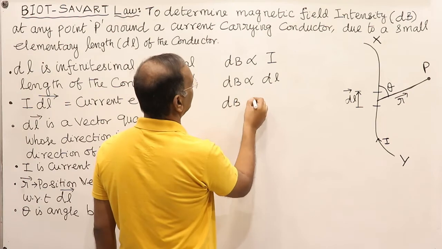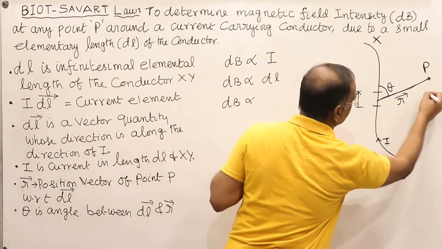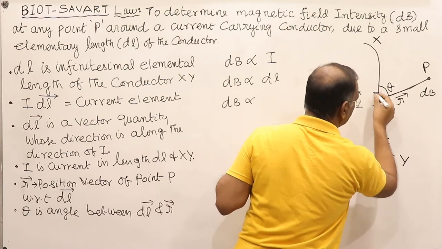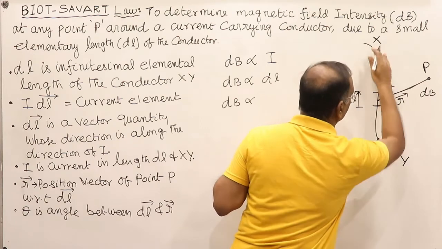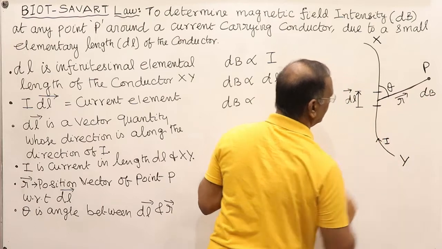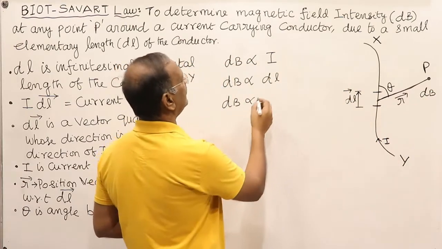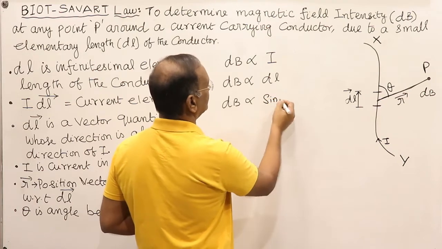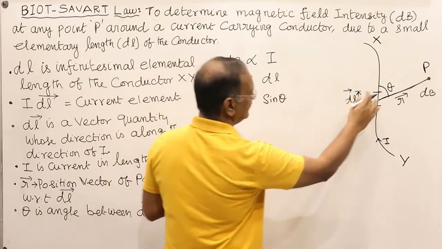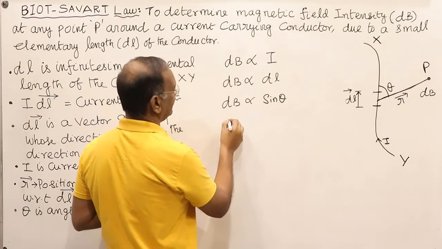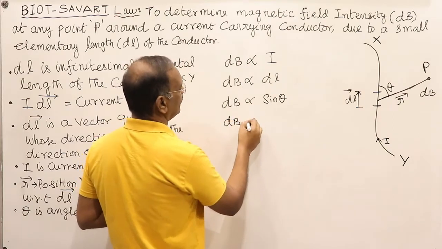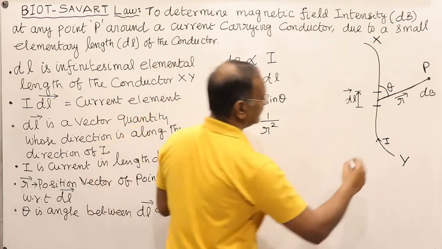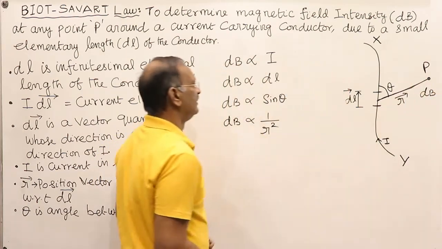It is a small amount of magnetic field produced at this point due to this element, not the entire conductor. It is also proportional to the sine of the angle between them, and proportional to 1 by the distance squared.